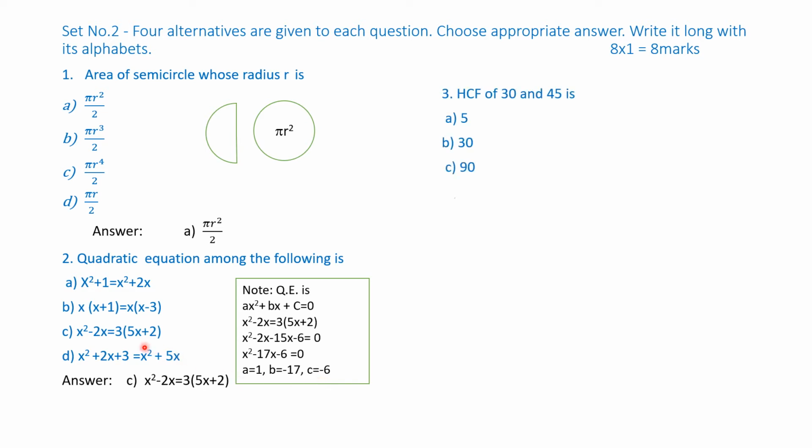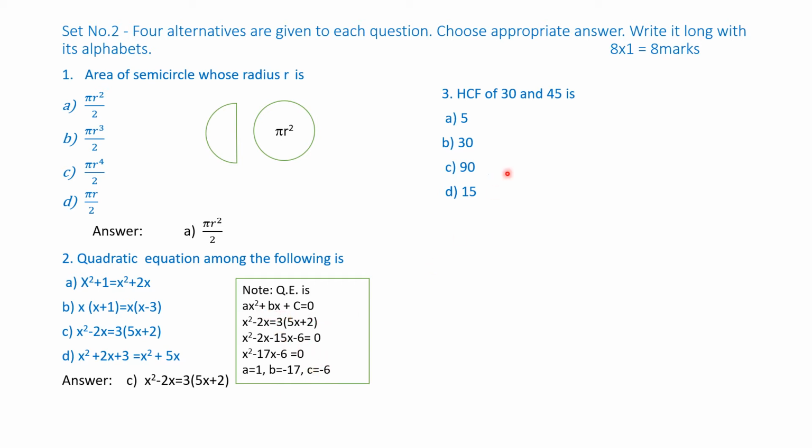Therefore, x square minus 2x equals 3 into 5x plus 2 is the answer, because it forms the equation x square minus 17x minus 6 equal to 0. Hence, this is the quadratic equation. All others will not be in the form ax square plus bx plus c.